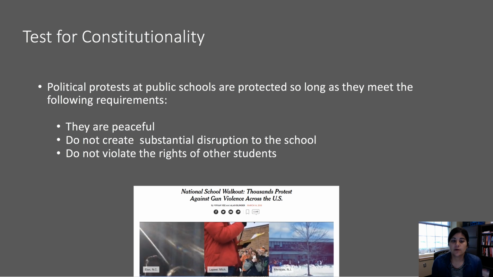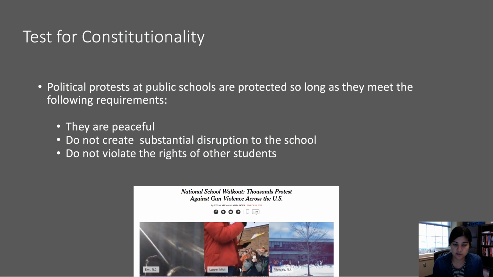Okay, so ultimately, when we think about expression, particularly in a school setting, we think about the different public protests that could take place. This is essentially what's been determined acceptable. So as long as students are meeting these particular requirements when they are protesting or expressing themselves, then that speech is protected.